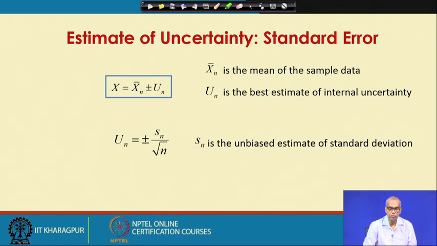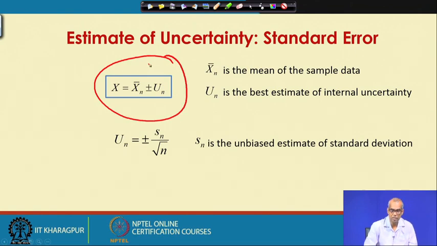So, this is how we estimate or represent the uncertainty. We use standard error. If x n bar is the mean of the sample data and u n is the best estimate of internal uncertainty, we will represent the measured data as mean plus minus best estimate of uncertainty.